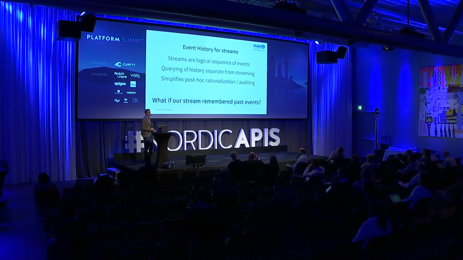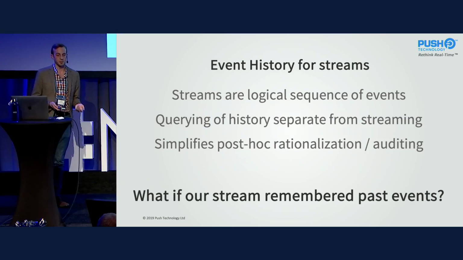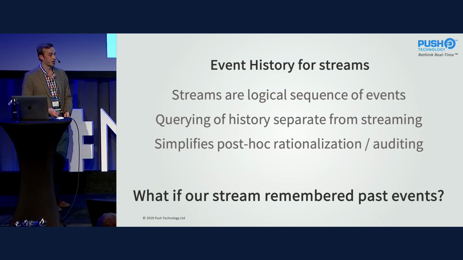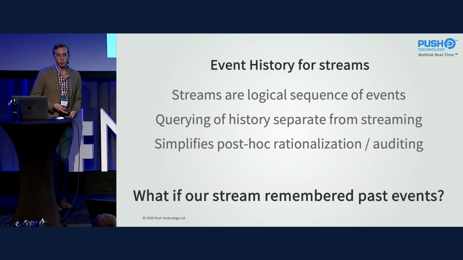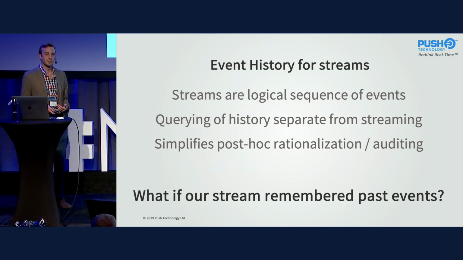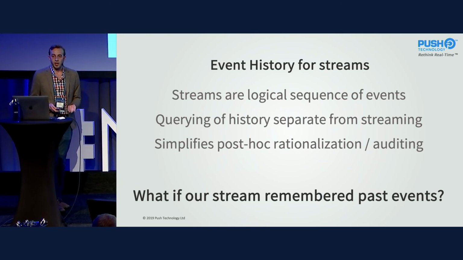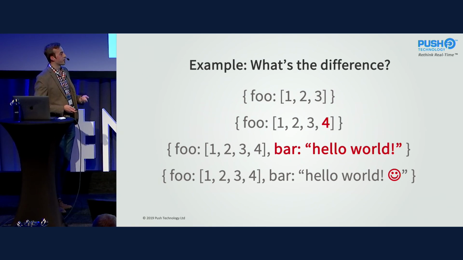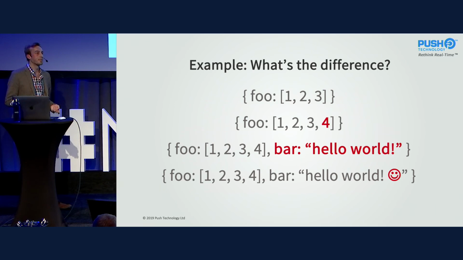Another interesting idea for pub/sub that basically can be stolen from Kafka is having an event history for streams. Topics usually are just a stateless channel, but what if you could remember past events? Your API layer then becomes almost like a cache. And of course, if you've got a cache, then you can start doing things like looking at what's changed between messages.